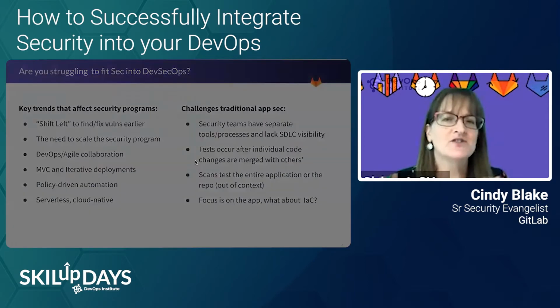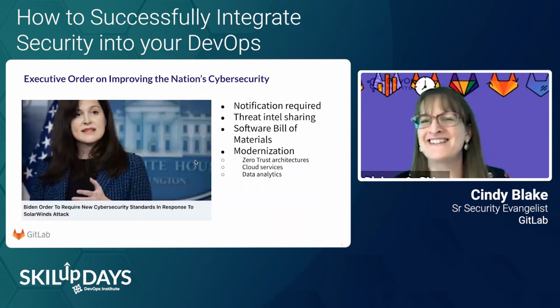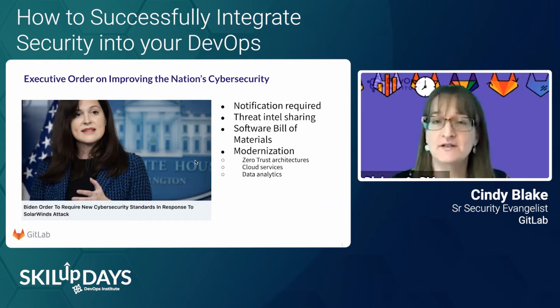And now for fun, let's just add one more thing on top of that, and that is the new cybersecurity executive order. This is needed because we've had some major attacks, and it's no longer really enough for an enterprise to do their own best effort.